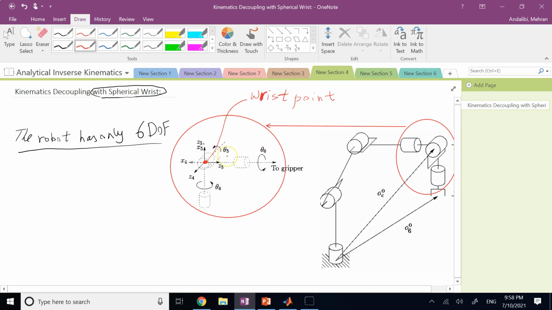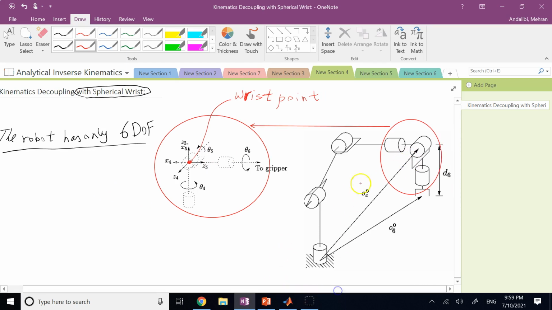If these 2 conditions are satisfied, then what you can do is, let's say for this articulated robot, I have 6 degrees of freedom, all of them rotary, and I give you the orientation of the end effector with respect to the base. So I give you R of 6 with respect to 0.